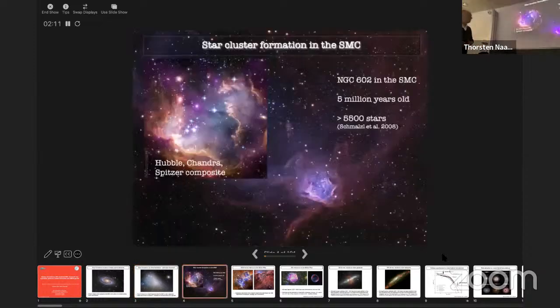If we go a bit more into detail, if you have a forming star cluster, and here this is a very nice example also in the SMC, you have a group of young stars. They form from the dense ISM. They emit radiation and create H2 regions.